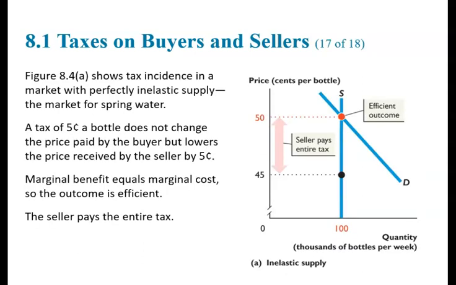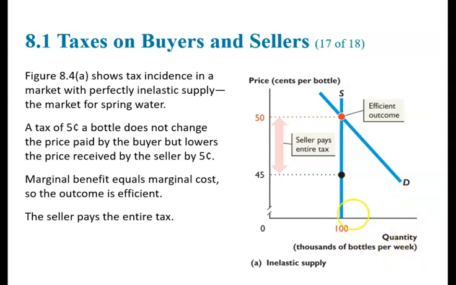The first example is of a perfectly inelastic supply, for example, the market for spring water. First of all, let's think about why the market for spring water will have a perfectly inelastic supply. It is simply because spring water can only be supplied up to a certain quantity in a week, and that depends on how much water actually comes out of the spring every week.